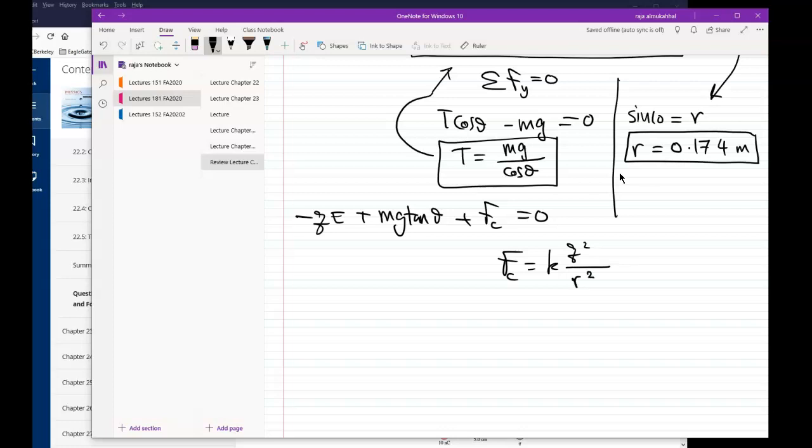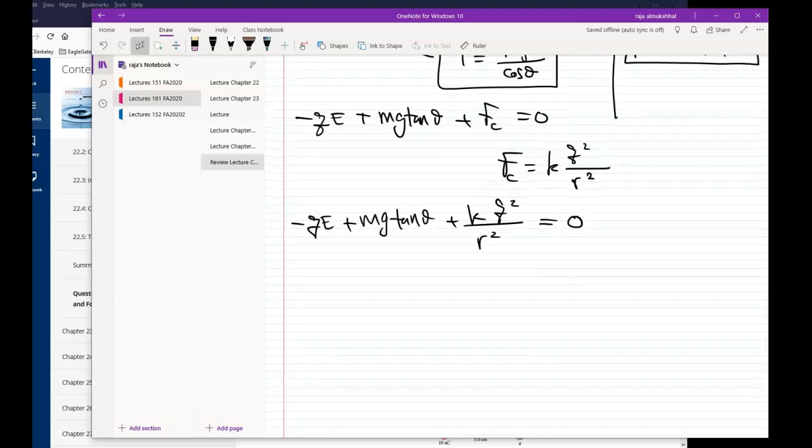And all I need is to plug it in. So this equation becomes minus QE plus mg tan theta plus K Q squared over r squared equals 0. And then I just need to plug in all the data here.